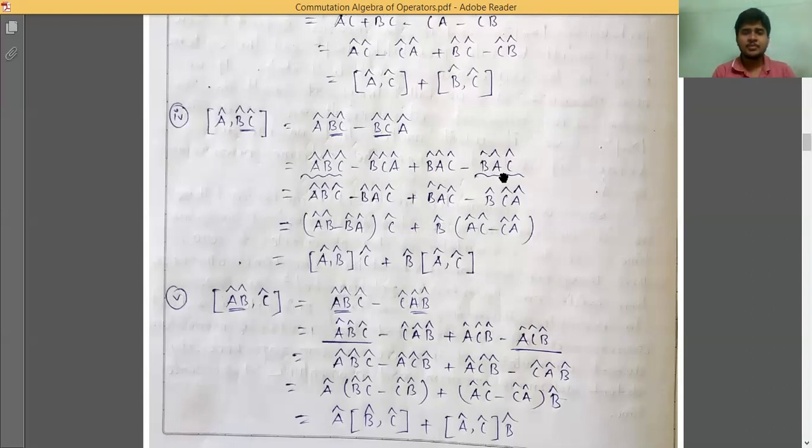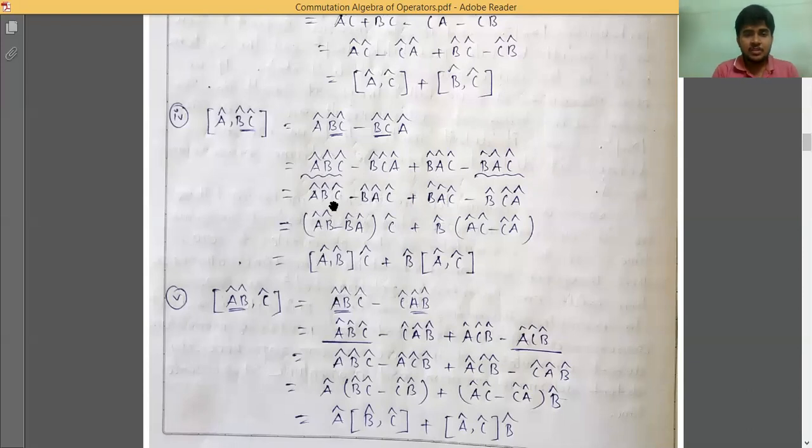This means add and subtract bac here. Arrange them in order. I have symbolized here that you have to take these two things common: abc minus bac, and the rest of the things, bca minus bac. These two are different things.